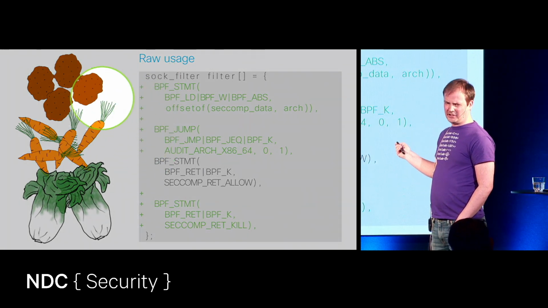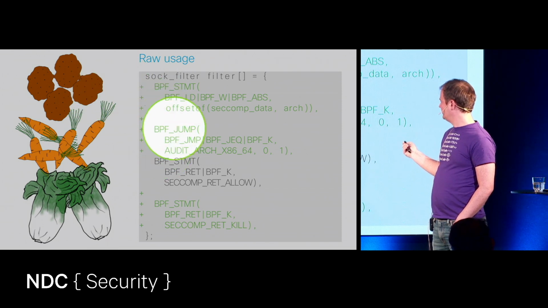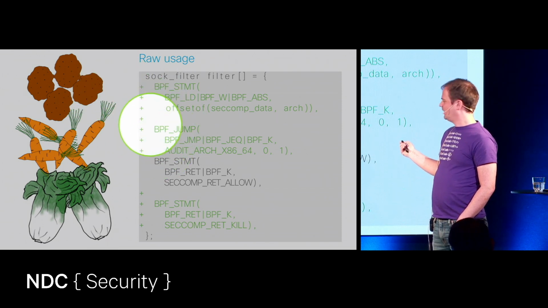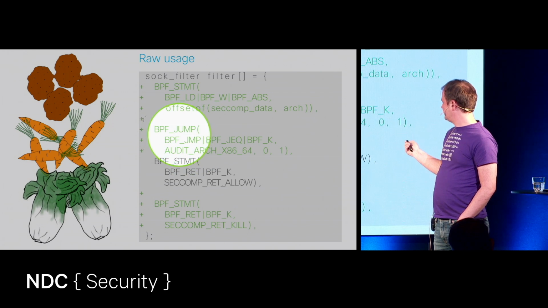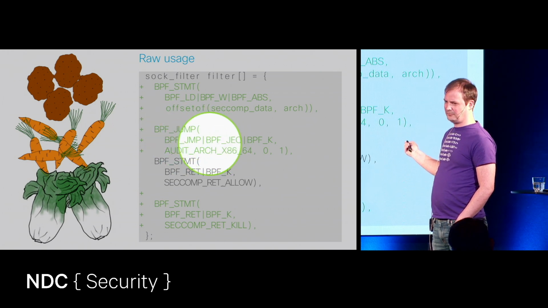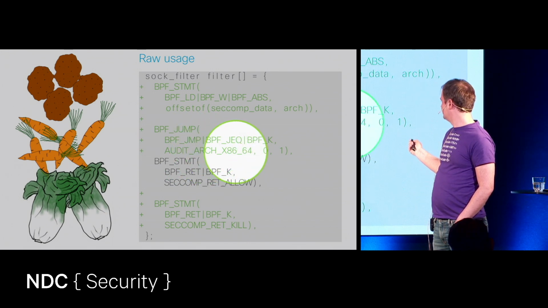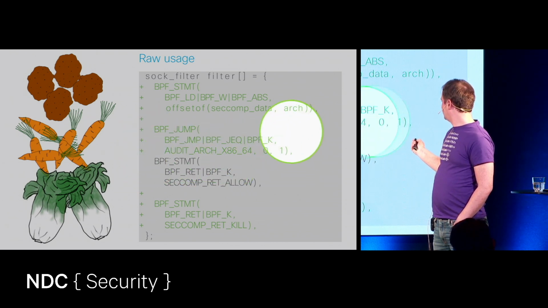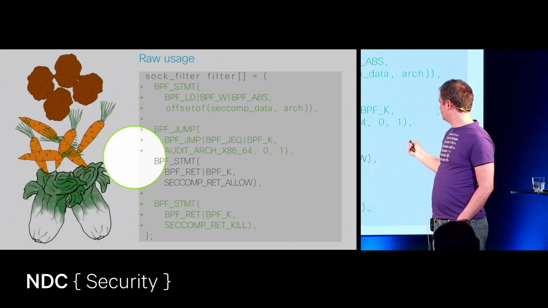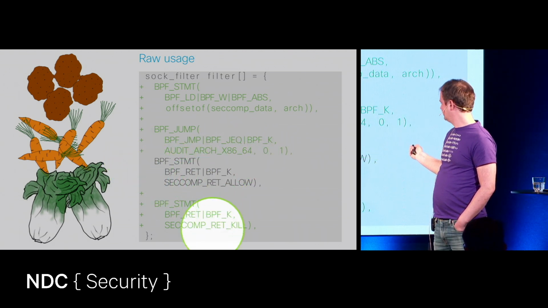When you load that into a register, you can do a jump statement, and you say, I want to jump if the following is equal. And the following is arch x86-64. If whatever's in the register is equal to arch x86-64, I jump 0, meaning I go to ret allow. And if not, I jump 1, jumping over this statement, hitting this one, going to ret kill.